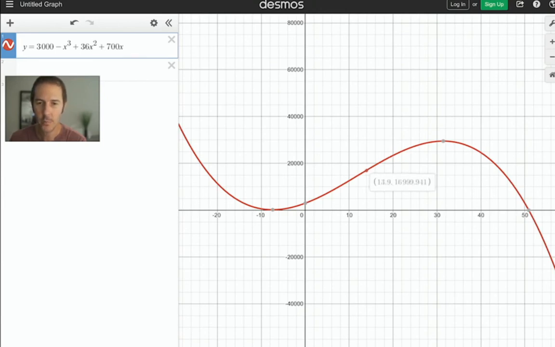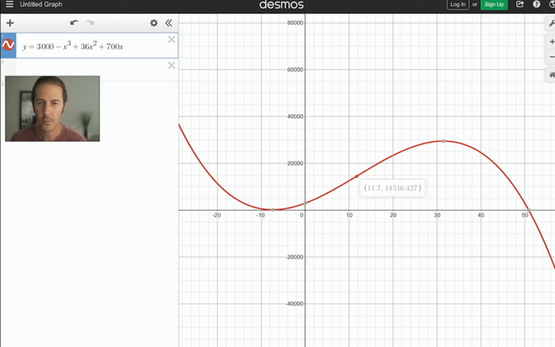The coordinates of the point that I'm holding fairly steady on are right around 14. It looks like the place where I would change concavity would be where my x value is approximately 14. And in fact, we found that the concavity actually changes where x is equal to 12.